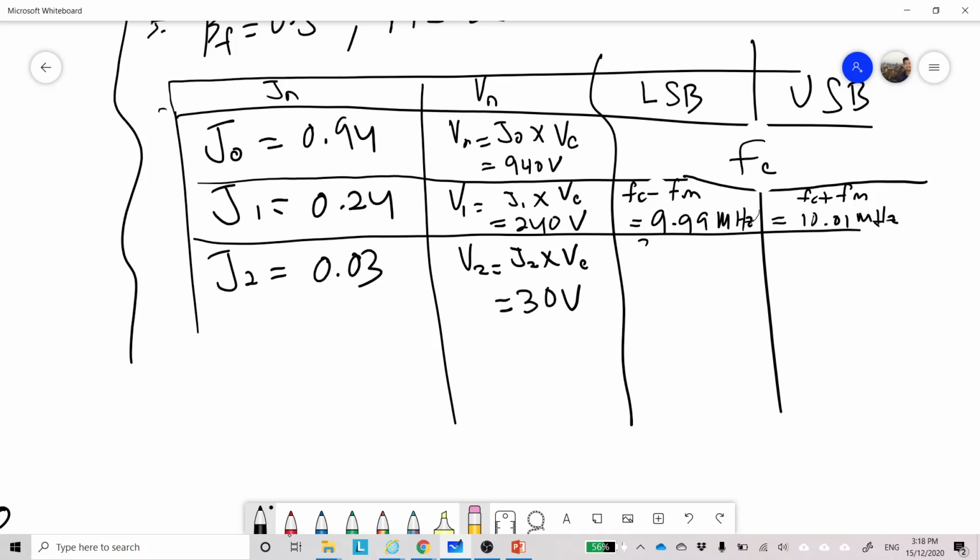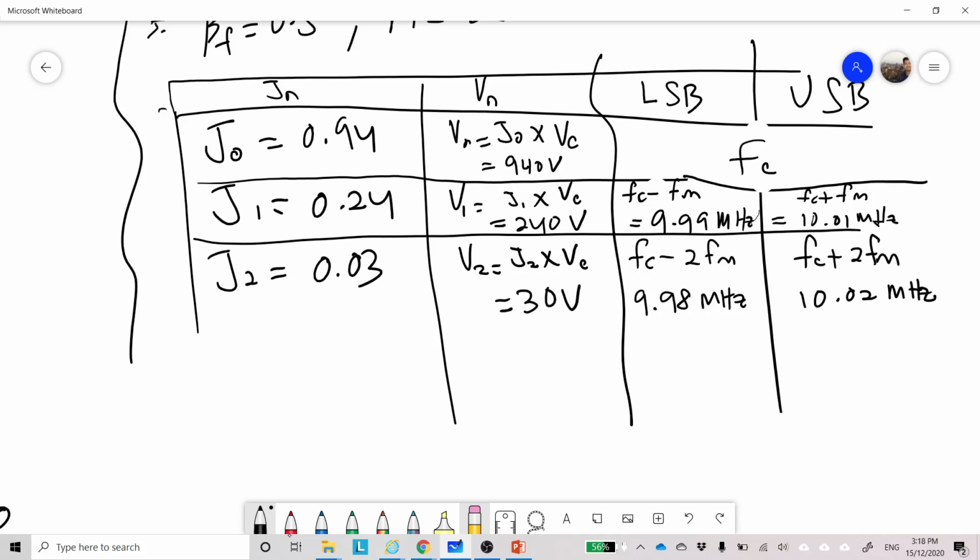And then here is FC minus 2 FM. 10 mega tolakkan dengan 20K, so 9.98 megahertz. And then here is FC plus 2 FM, so it is equal to 10.02 megahertz.